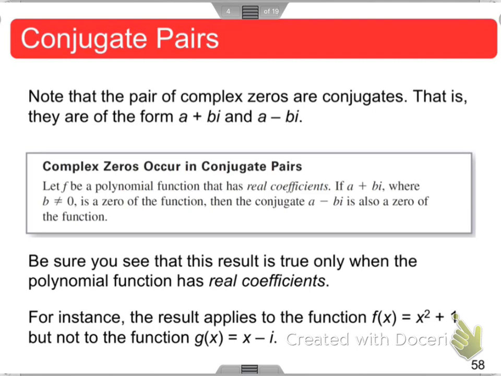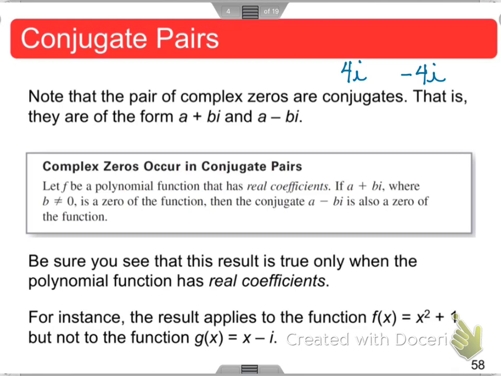What I want you to understand about conjugate pairs is if I have a solution, or a zero to a polynomial, and one of my zeros is 4i, a conjugate pair means that I have to have its opposite.